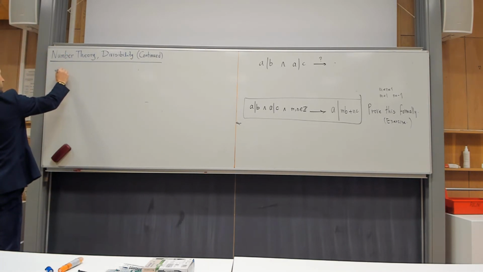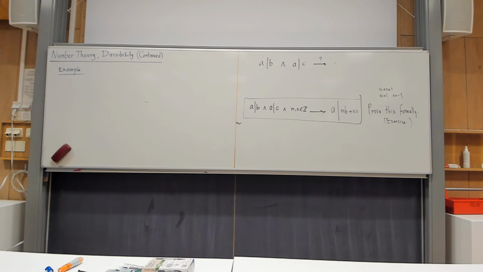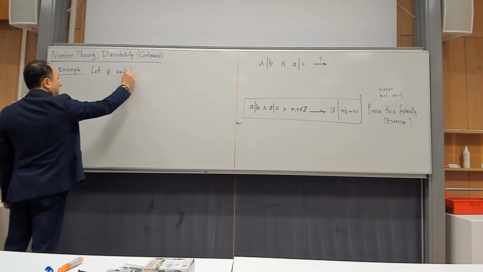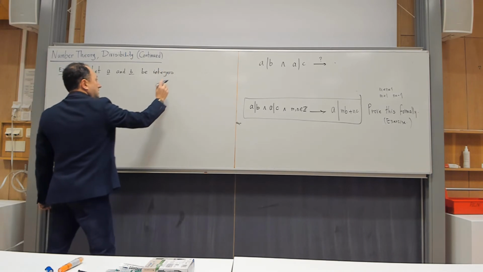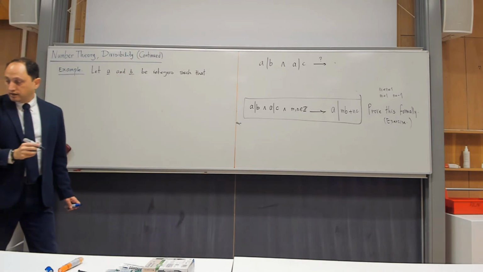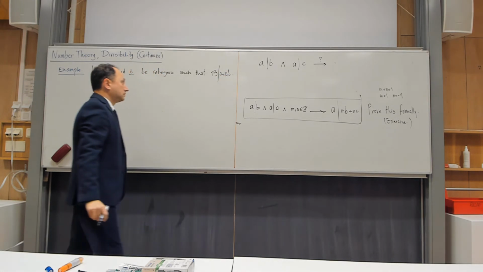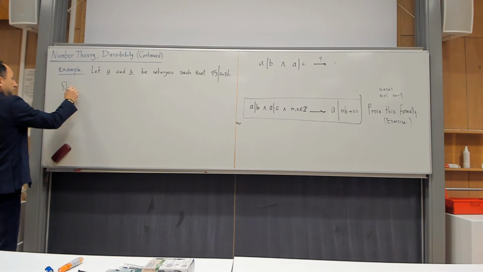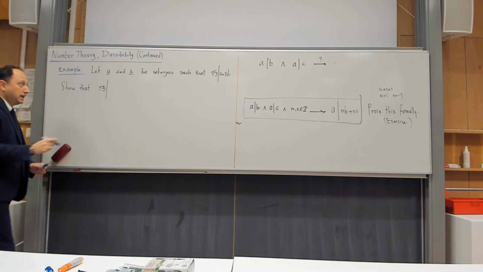So, example: let A and B be integers such that we know that 13 divides A plus 3B. Show that 13 also divides 9A plus B.